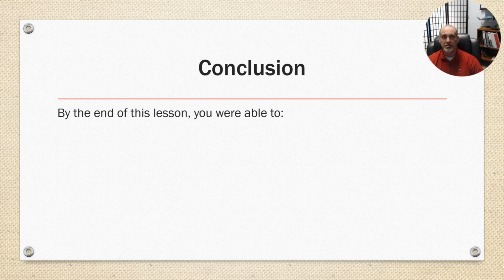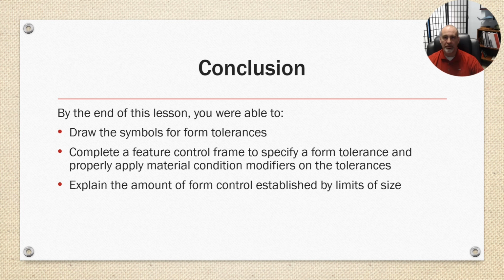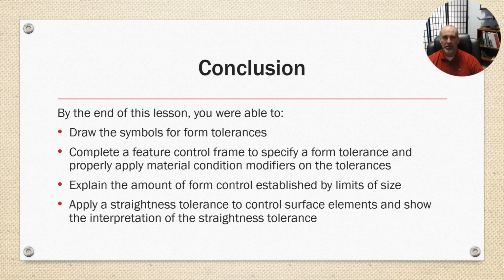In conclusion, by the end of this lesson, you were able to draw symbols for form tolerances, complete a feature control frame to specify a form tolerance, and properly apply material condition modifiers on the tolerance, explain the amount of form control established by limits of size, apply a straightness tolerance to control surface elements, and show the interpretation of a straightness tolerance.